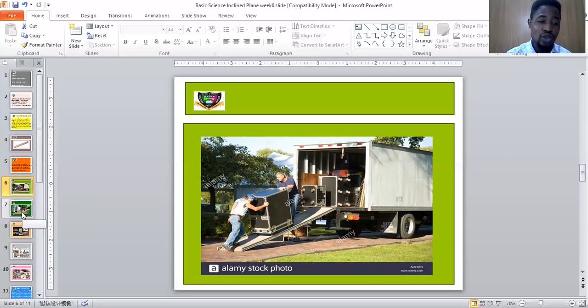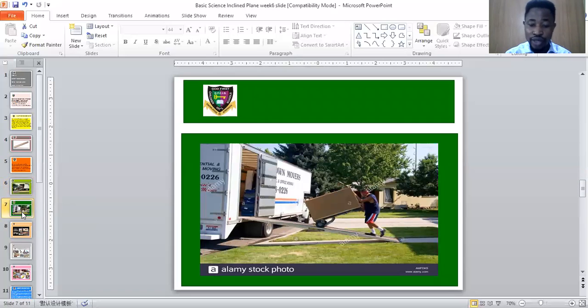I have several other examples here. So let's look at the next one. All right, look at this one too. You can see the load has a wheel or tire of its own, which even makes it very easy. So what he just needs to do is push up. As he pushes that load up, it just rolls up itself until it gets into the truck.